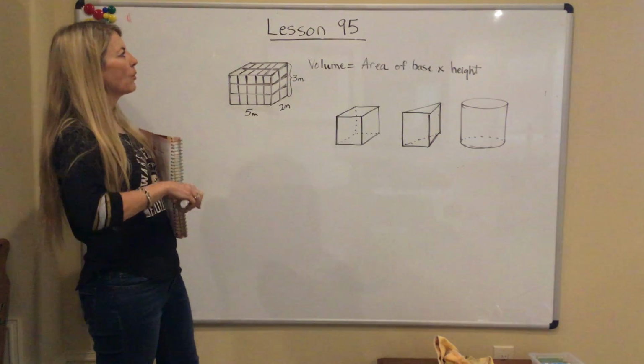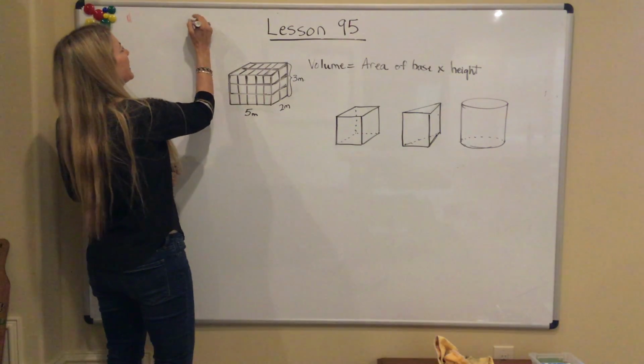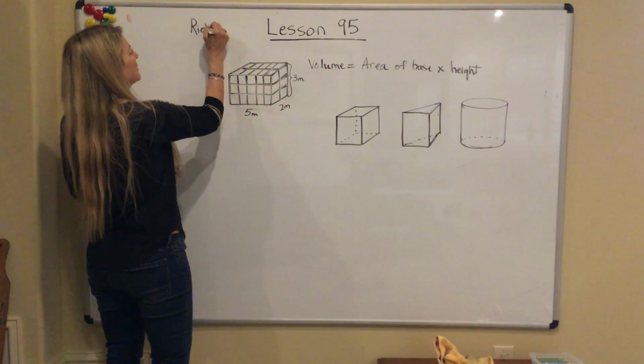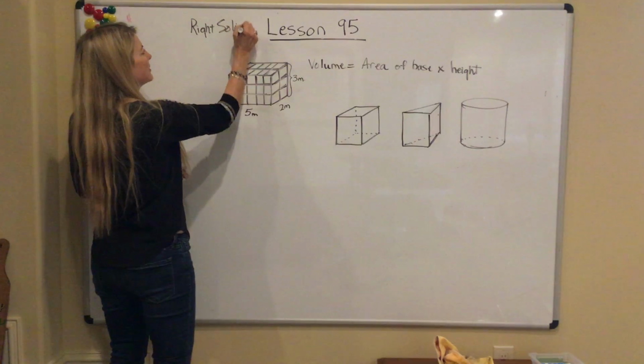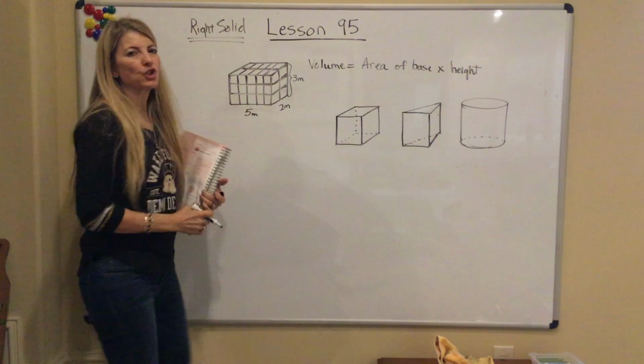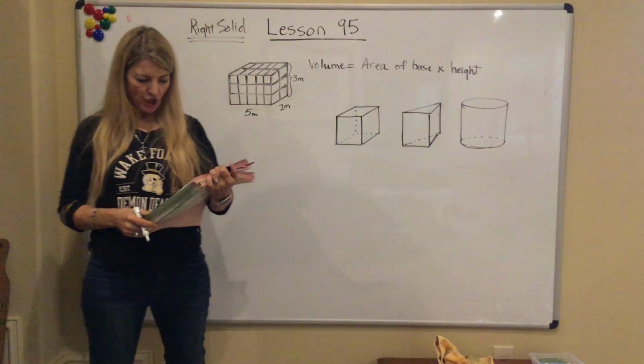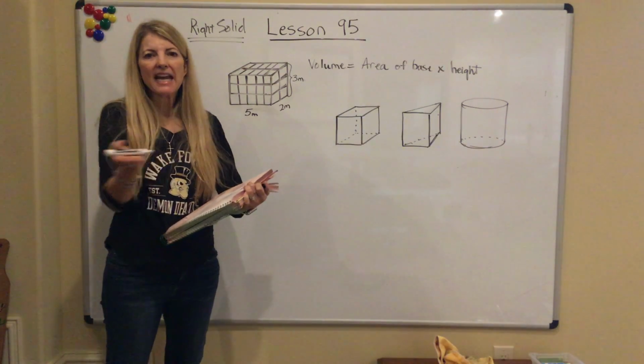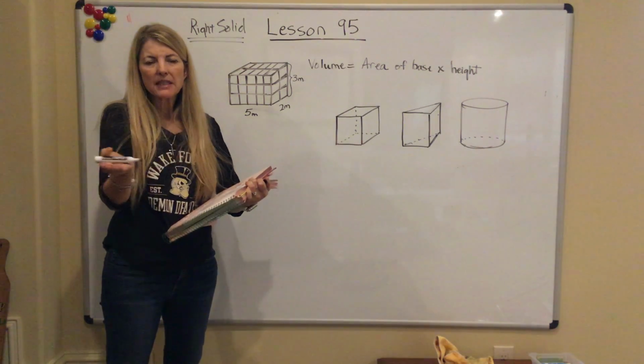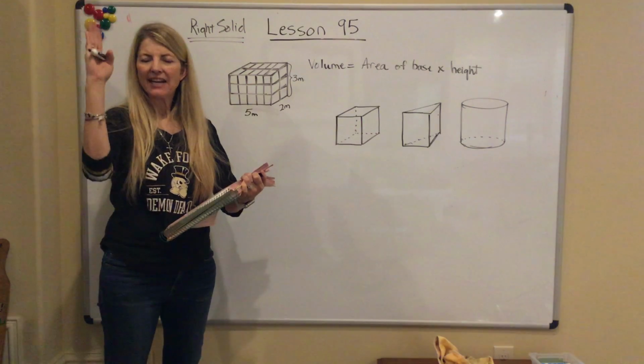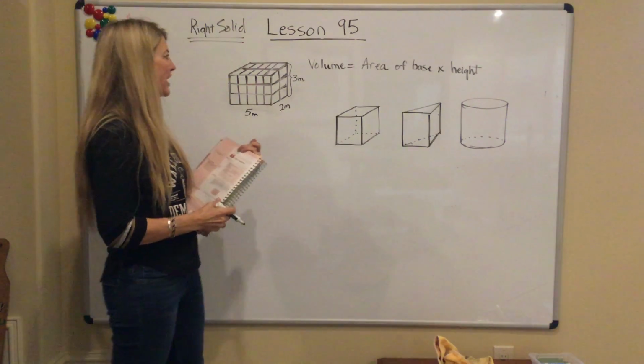Now, what a right solid actually is, it's a shape where the base of the shape sits at right angles to the side of the shape.